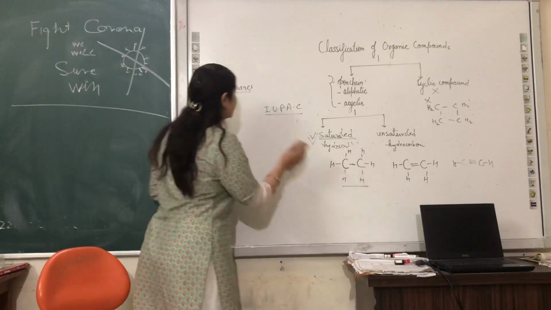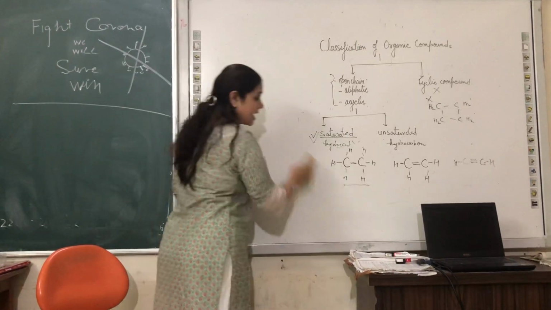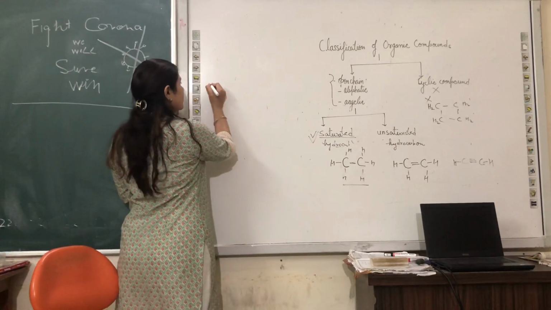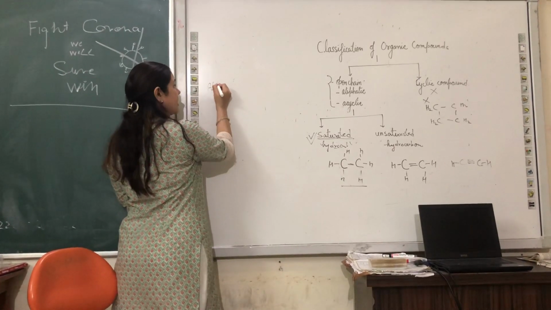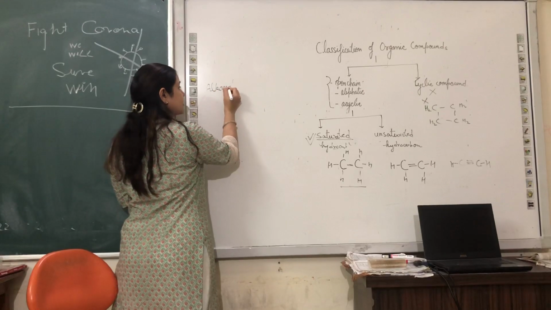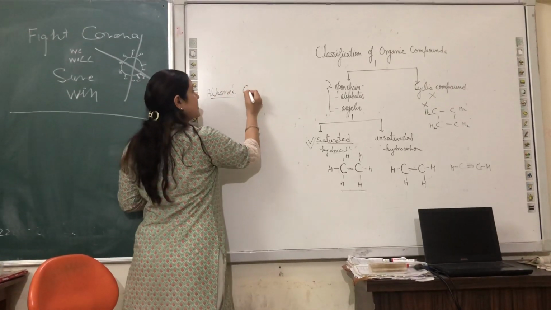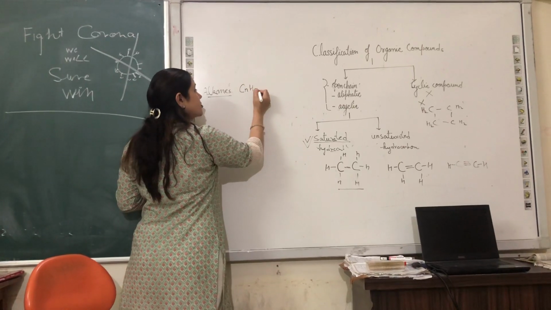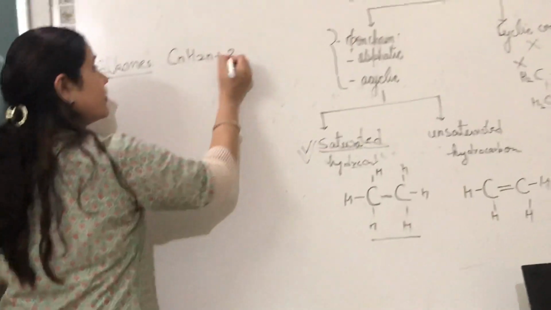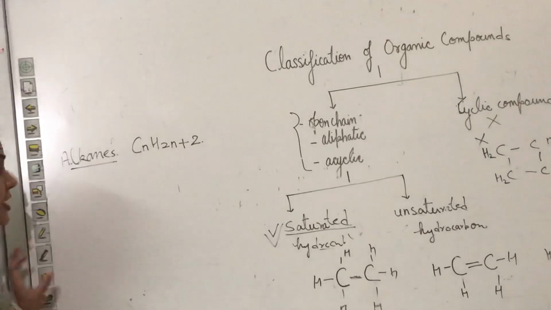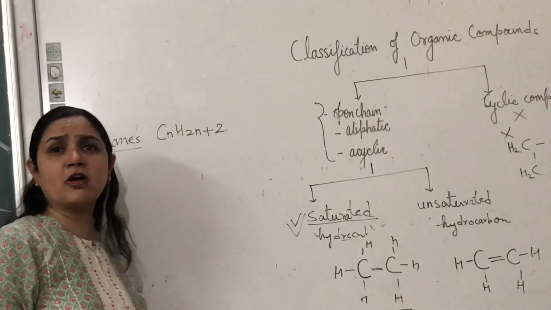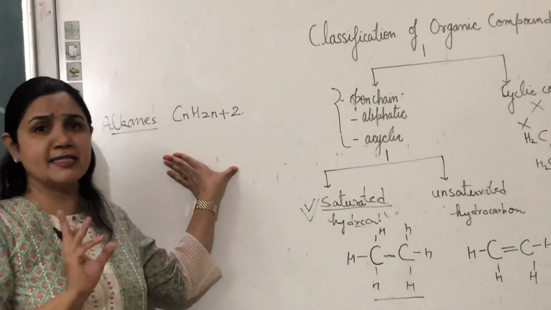Alkanes, spelled A-L-K-A-N-E-S. The general formula of alkanes is CnH2n+2, so that you can form the many hydrocarbons which come under the alkanes.